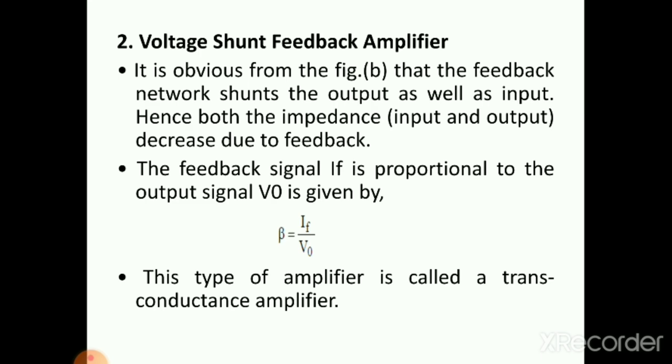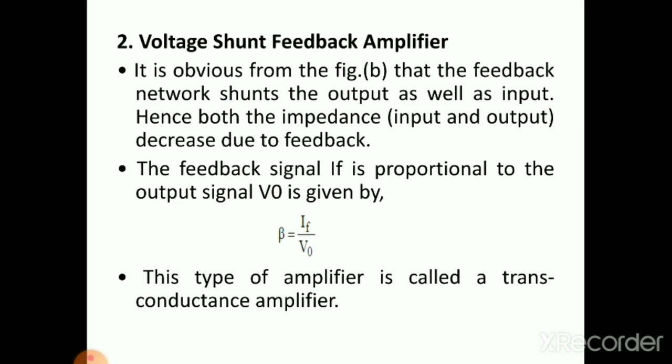Next is the voltage shunt feedback amplifier. From the figure, the feedback network shunts the output as well as the input, hence both the input and output impedance decrease due to feedback. Voltage shunt means voltage sampling and shunt mixing, right?